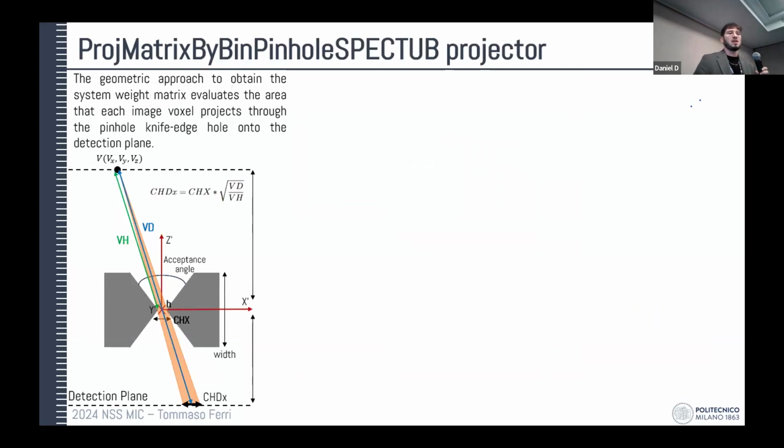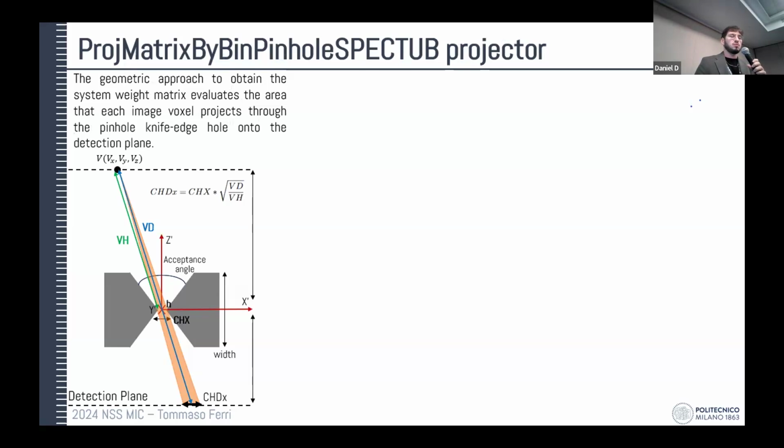The projector is evaluating the area that each image voxel is projecting through the pinhole hole to the detection plane. Here you can see an approximation in the case where the voxel is moving only in the x coordinate, so the y coordinate is set to 0 for simplicity. And we see that the contribution of the x-axis is actually proportional to the channel size and that ratio, where VD is the distance between the voxel and the detection plane passing through the hole channel, so the actual line of response, over VH, which is the distance between the voxel and the hole.